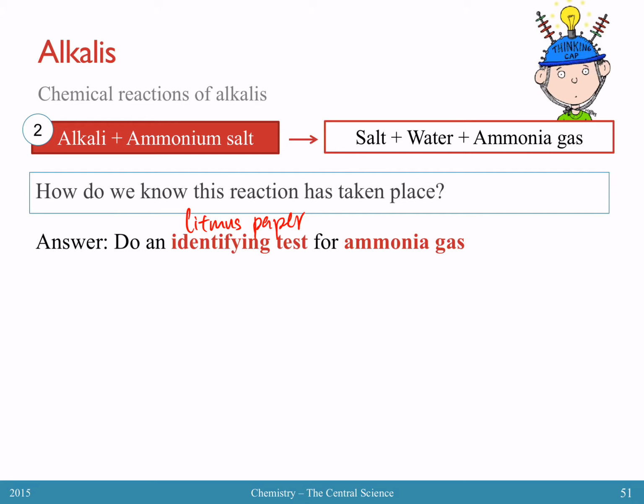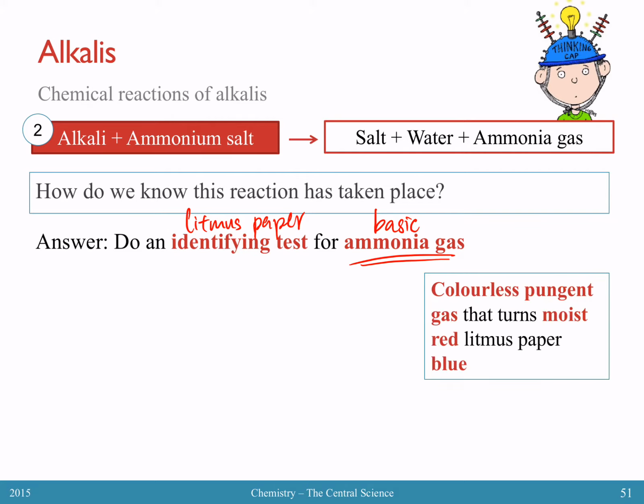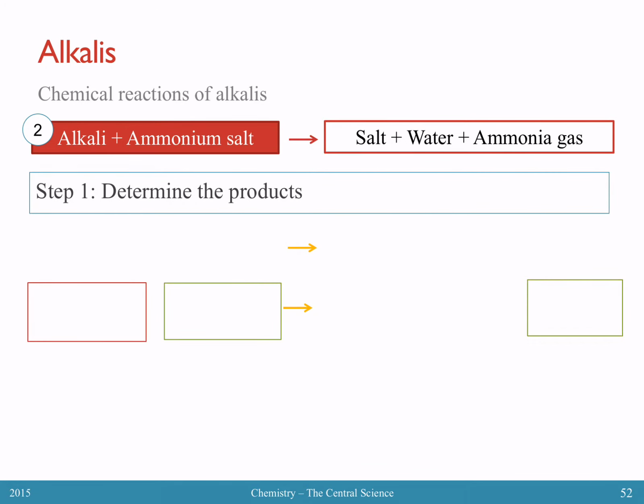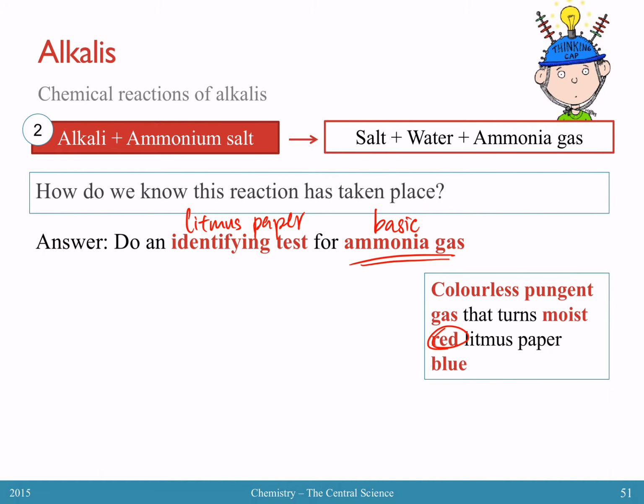Remember, ammonia is a basic gas. Which litmus paper would change color to what color? It is a colorless pungent gas that turns moist red litmus paper blue. So it is red to blue, which tells me that it's a basic gas.